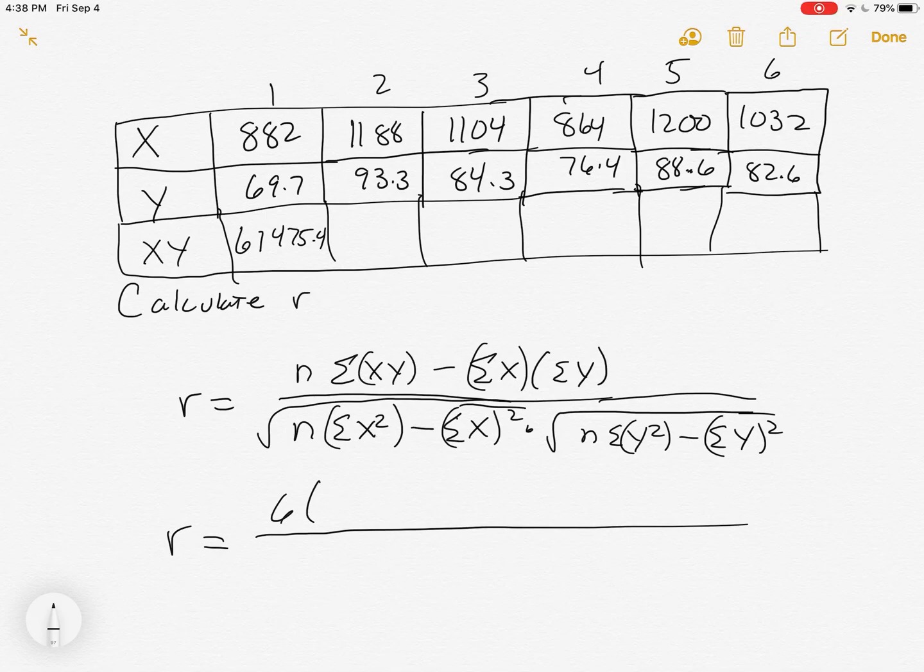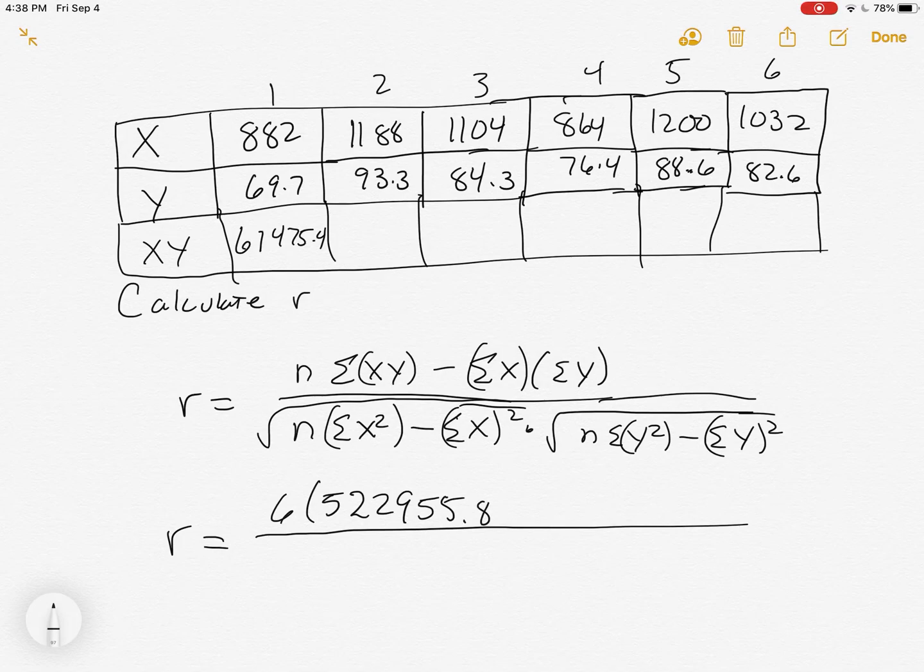Plus 864 times 76.4 plus 1200 times 88.6, plus, right? So we want to just be really careful, plus 1032 times 82.6. And you'll hit equals. And so hopefully you have a calculator that you can go back and look at what you put in so you can double check, but it's going to be big.